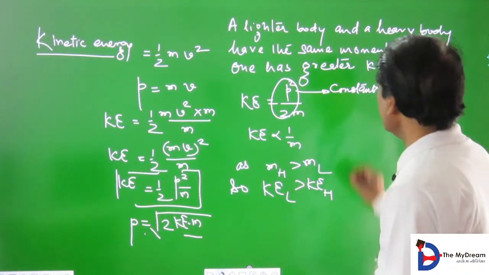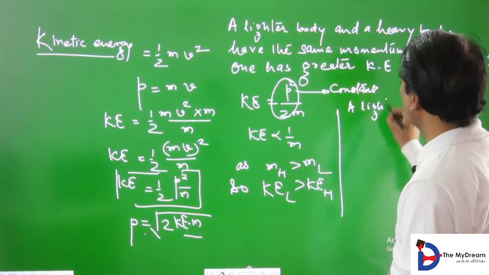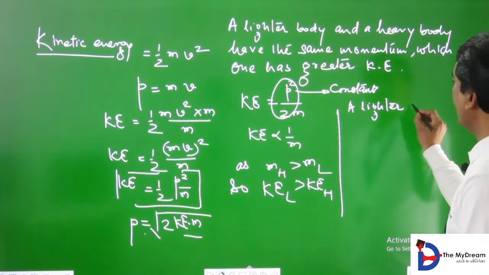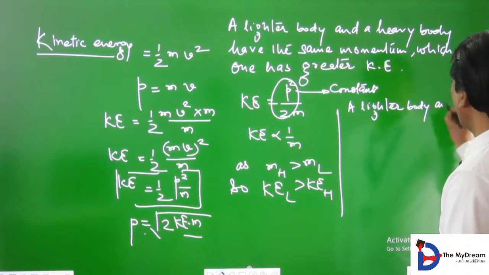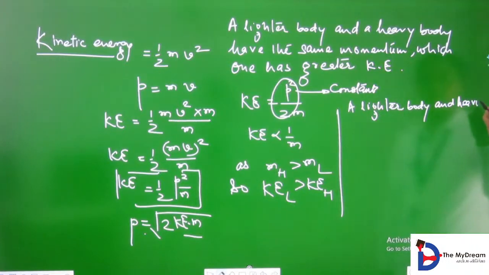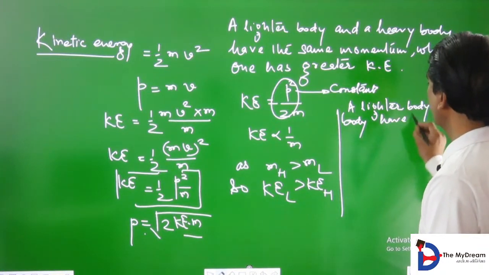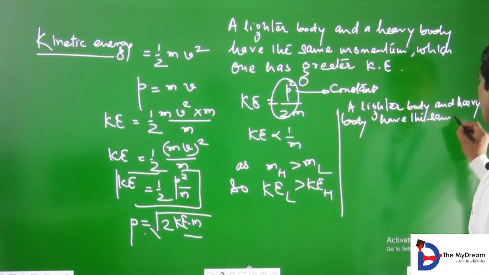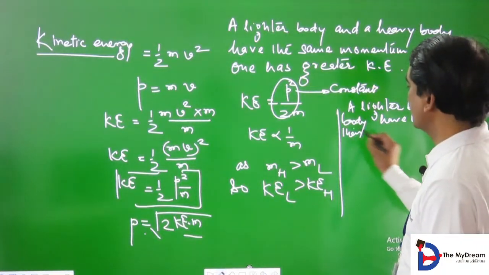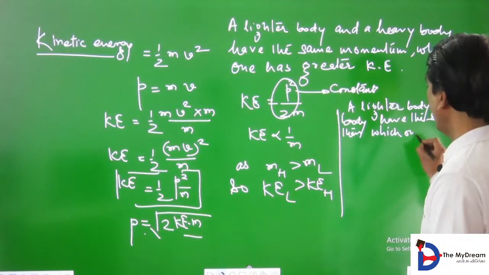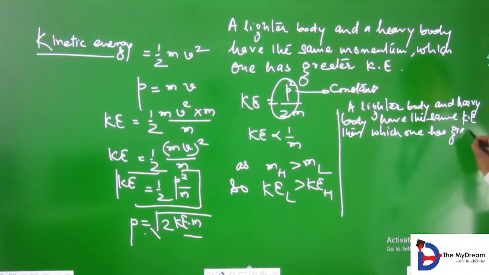If a lighter body and a heavy body have the same kinetic energy, then which one has greater momentum?